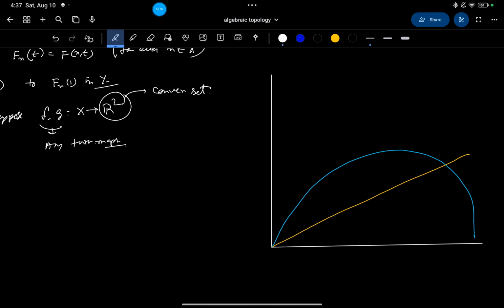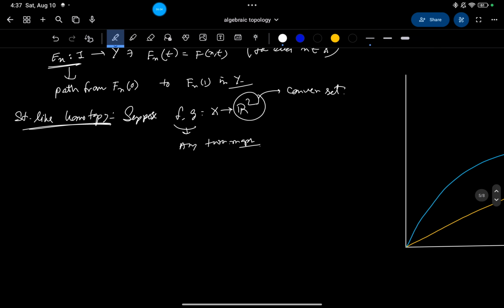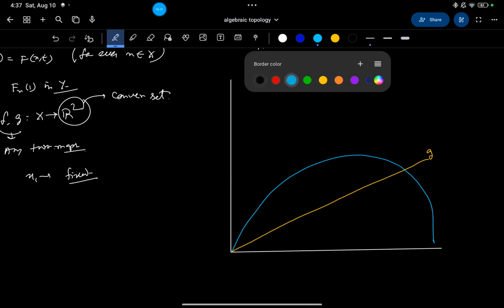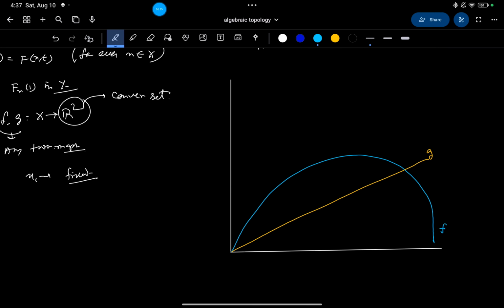If you take any particular small x, let us take f of x1 and g of x1 where x1 is fixed. So let's say here is my g and this is my f.